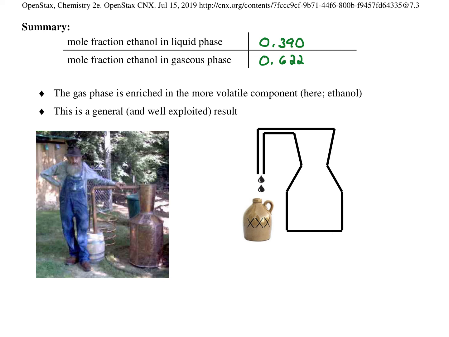The vapor phase is much enriched in ethanol, the more volatile component. Therefore, we see that the mole fraction in the gas phase is much higher than that in the liquid phase, or we say the gas phase is enriched in ethanol, which we can remind ourselves is the more volatile component.